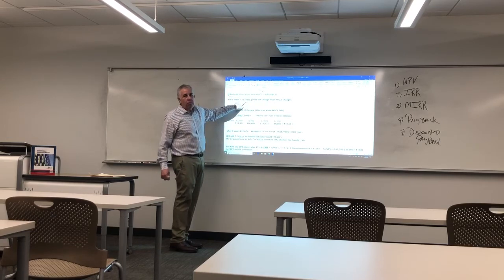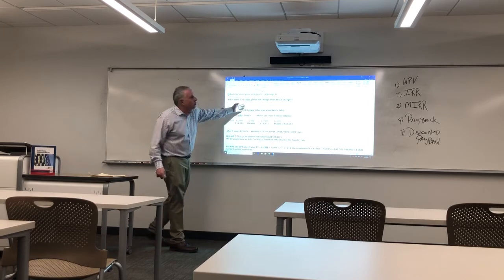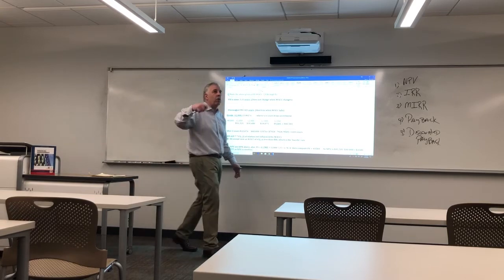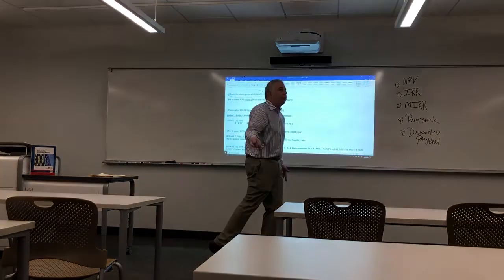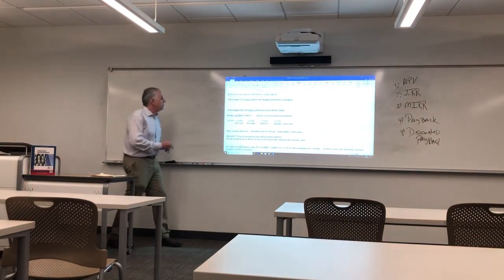So it stays at 3.3 years. Regardless of what the weighted average cost of capital is, payback method doesn't change. So you don't have to do any work. We already know what it is. 3 years of 12 grand is 36. I'm 4 grand short. 4 over 12,000 is 0.33, 3.33 years.